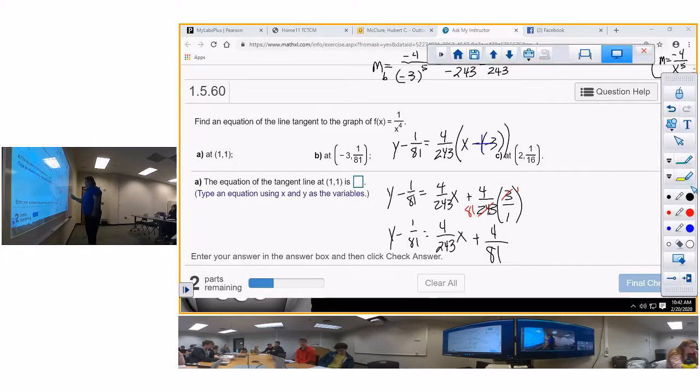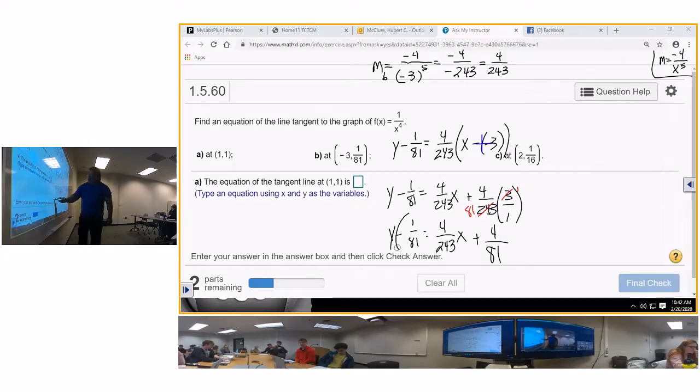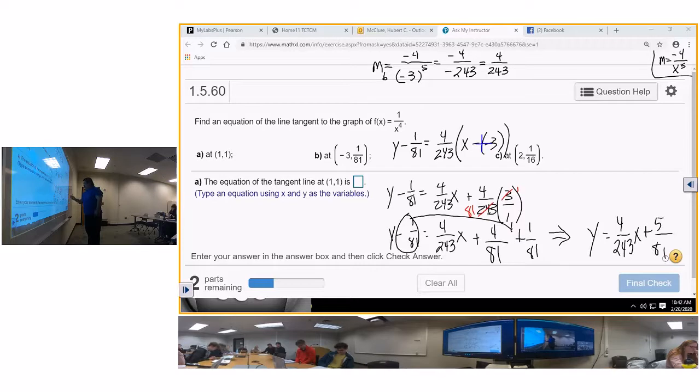And now we're going to bring that negative 1 over 81 across the river. And that's going to be 1 over 81 there. And our final answer, oh shoot, was I supposed to use a calculator? y is equal to 4 over 243 x plus 5 over 81. I'm sorry, I was supposed to depend on a calculator there.